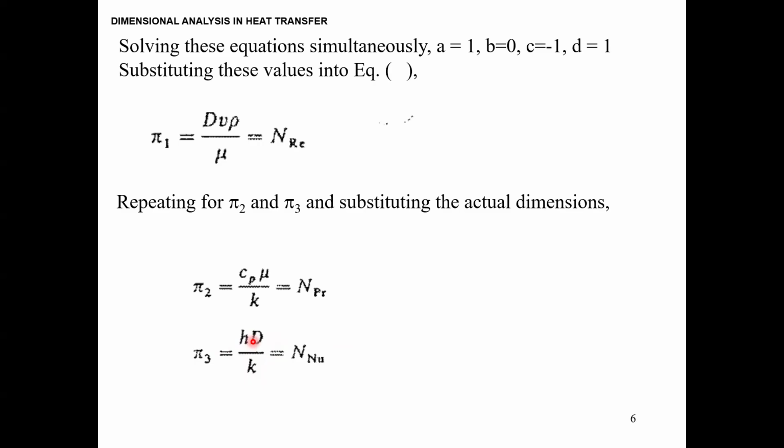So h d by k, in a previous class you saw an expression similar to this, which is h x1 by k, but you should not mix the two. The one that we saw previously was the Biot number. It provides the ratio of conductive resistance to that of convective resistance.